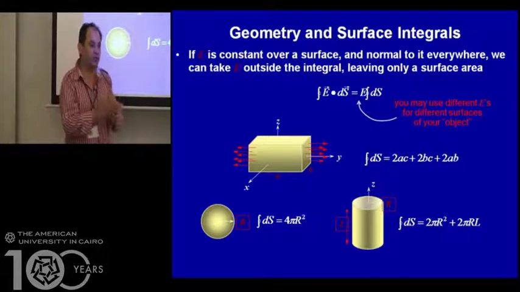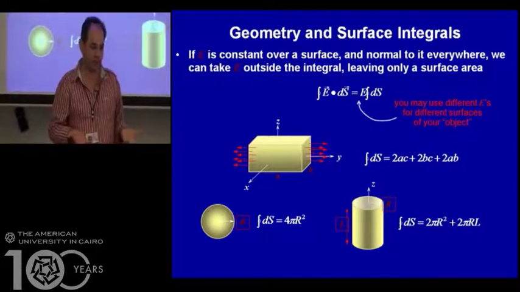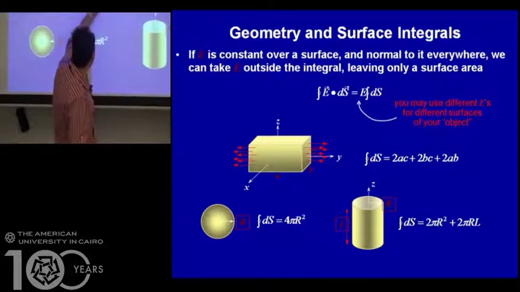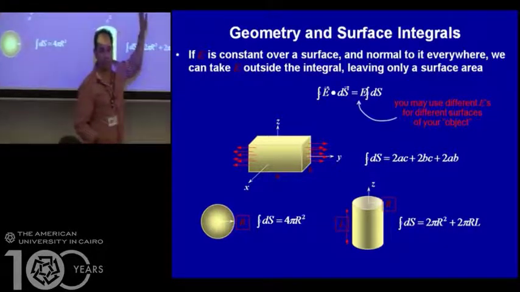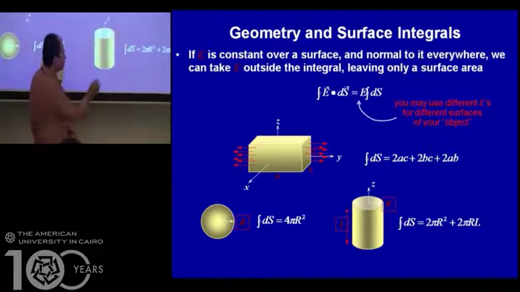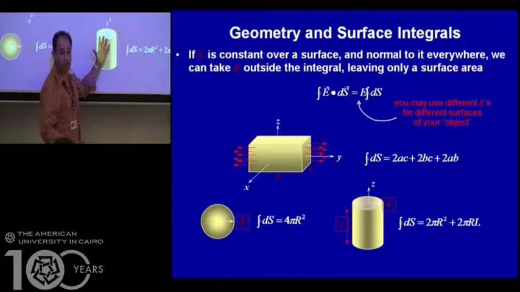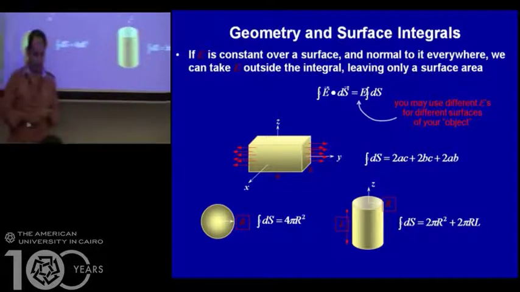The integration over a surface element is the total surface of the shape, whatever the shape is. So the integration of a surface element for that shape is going to be the total surface area of that shape. The integration over a small surface area element on that cylinder will be the total surface of that cylinder. Same goes for the sphere.